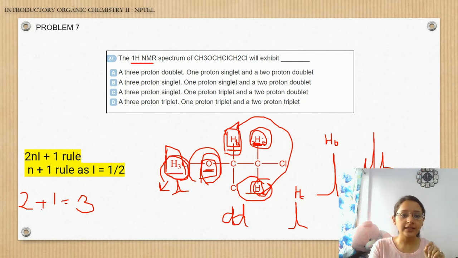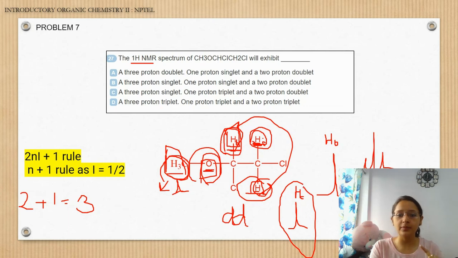When we apply the n plus 1 rule, HB is the only proton present in the environment and vicinity of these HC protons. So the term n here is 1, and 1 plus 1 will give you a doublet, that is 2. So now this particular peak in NMR is further split into a doublet.